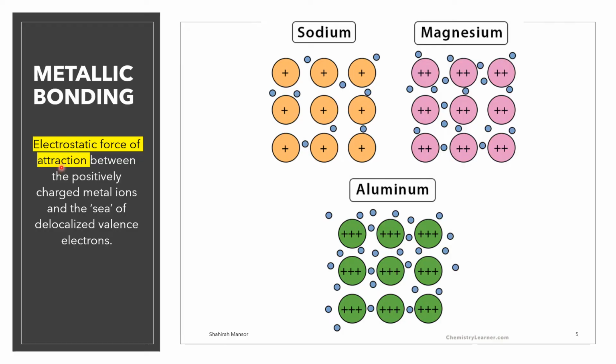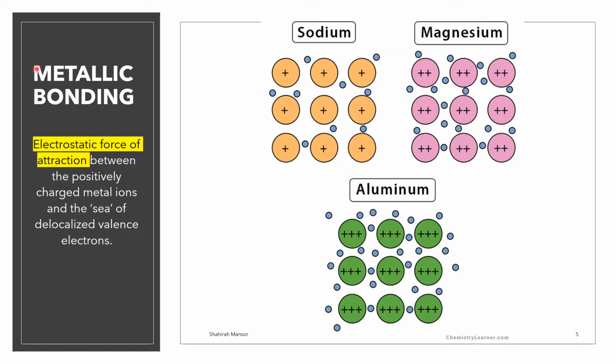Metallic bonding is the electrostatic force of attraction between positively charged metal ions, iaitu cation, and the sea of delocalized valence electrons. Okay, the purpose kenapa kita akan assume the arrangement of the particle di dalam metal ini, okay, mempunyai cation dan juga valence electron adalah kerana apabila wujudnya attractive forces di antara metal cation dan valence electron, inilah yang akan menghasilkan metallic bonding.